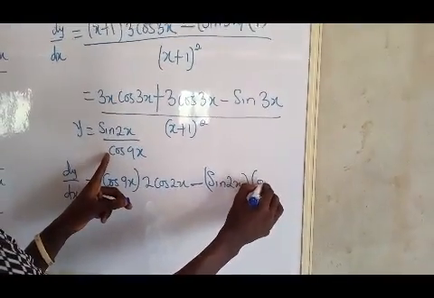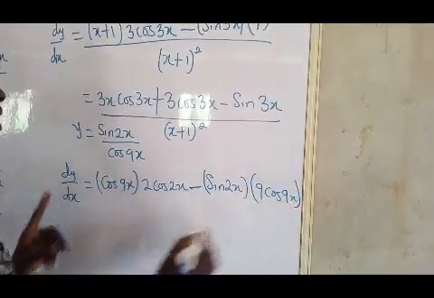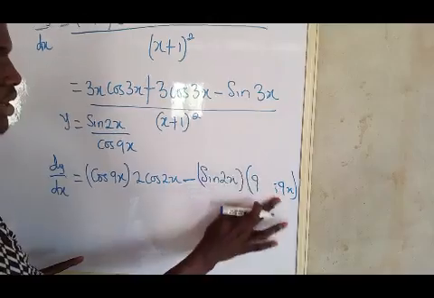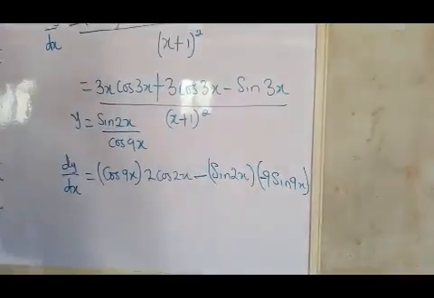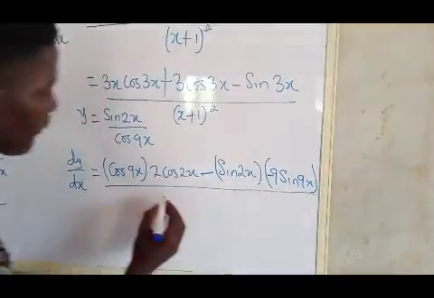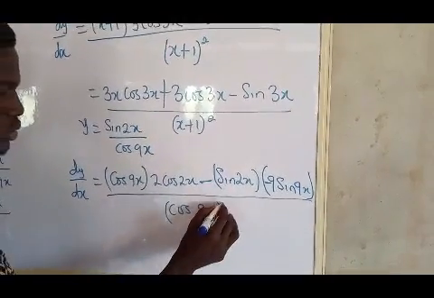If you differentiate this, it will give what? 9 cos 9x. This is cos, so minus 9 sine 9x, all over cos 9x all squared.